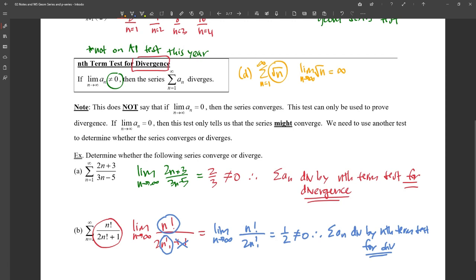And you can use nth term test for divergence if you get an answer of infinity. All you do is compare it to 0. This is not equal to 0, so therefore this series diverges by nth term test for divergence. Okay, so you can use this test even if your answer is equal to DNE or infinity.